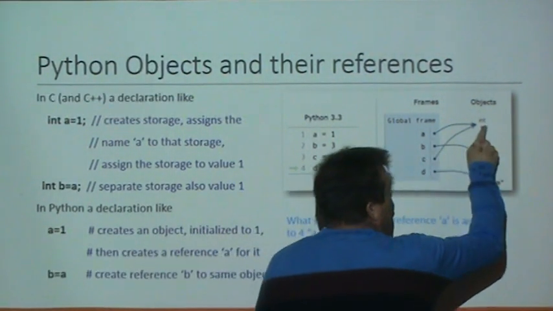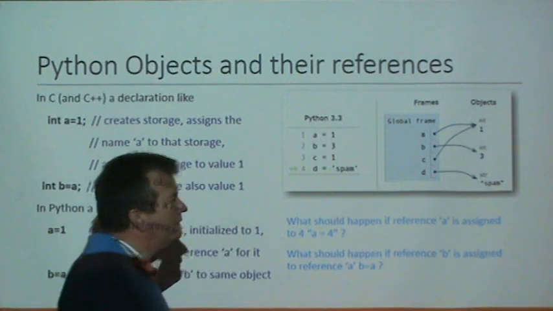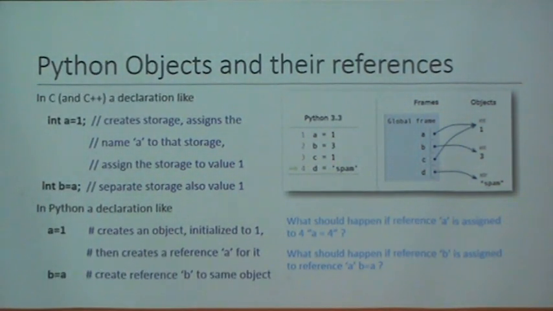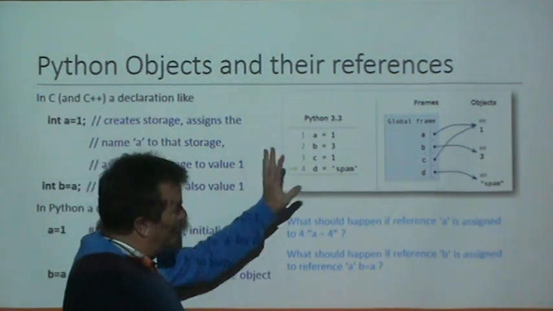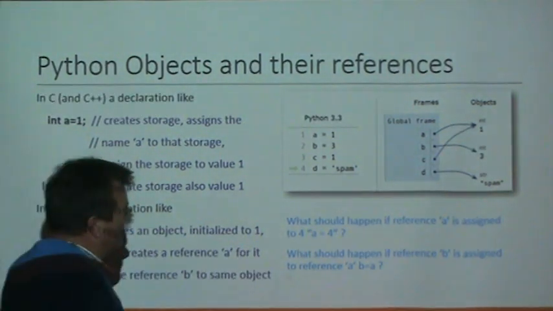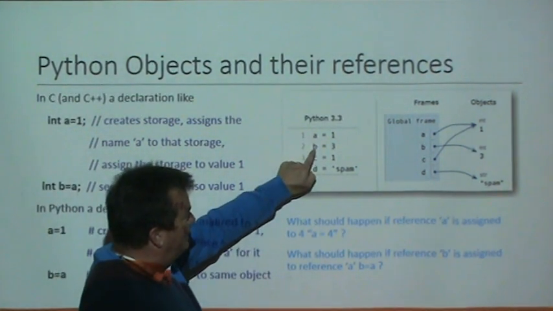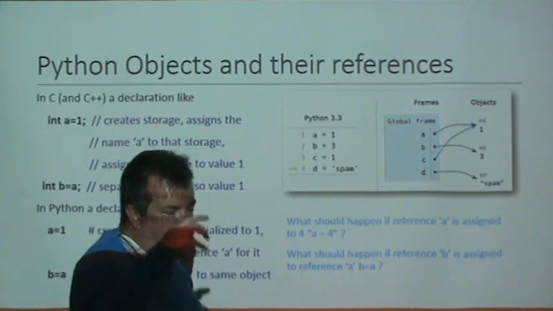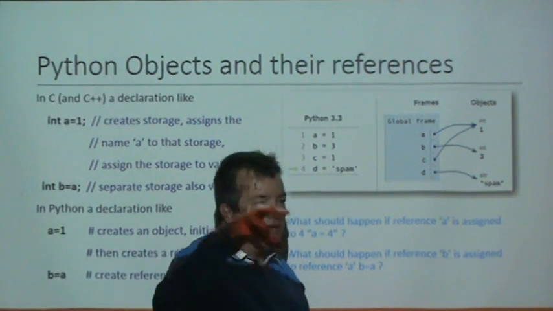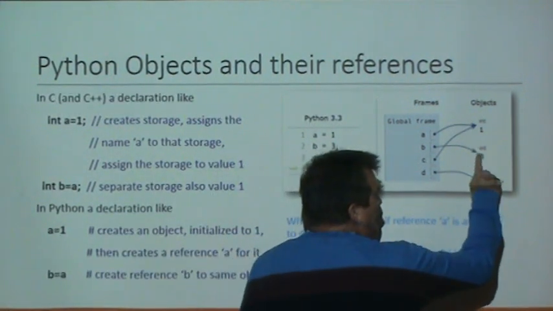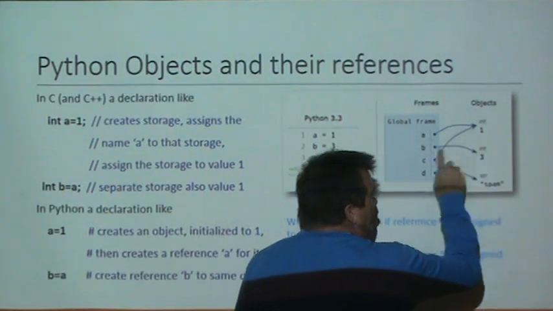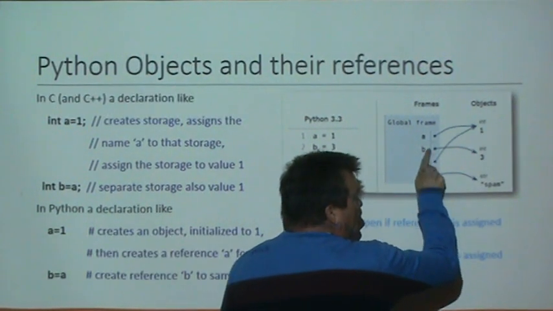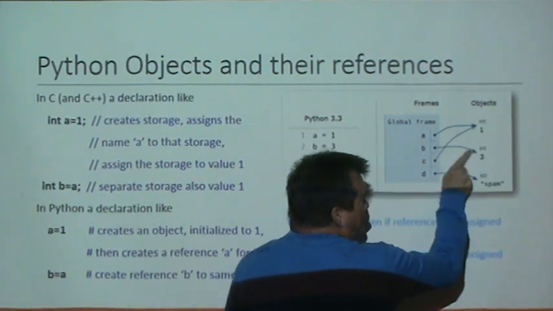A refers to this piece of storage. In this example, it's a little different. Now we have B, which is equal to 3. So Python will create a new piece of storage and initialize it to 3, and then have B be a reference to that piece of storage. B now refers to this piece of storage.